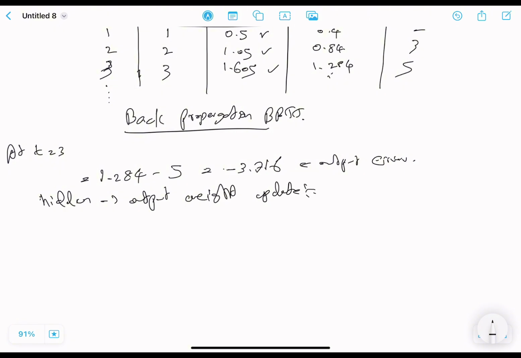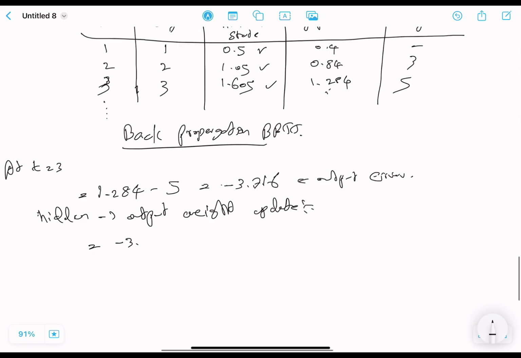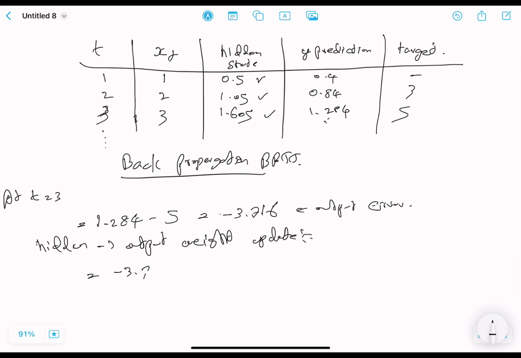So it will be minus 3.716, which is coming from here, into 1.605 equals minus 5.964.